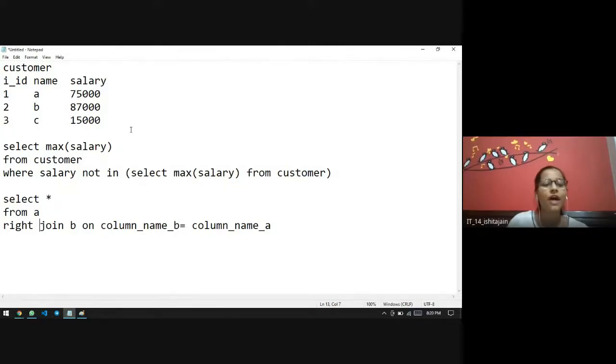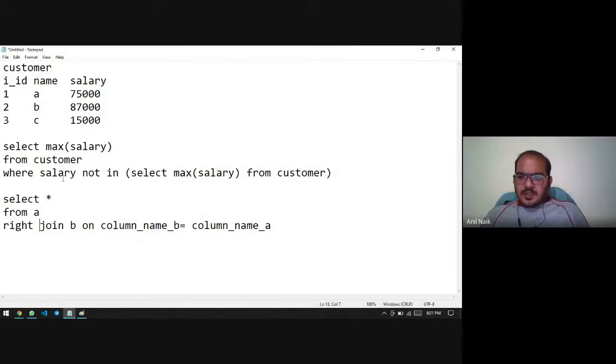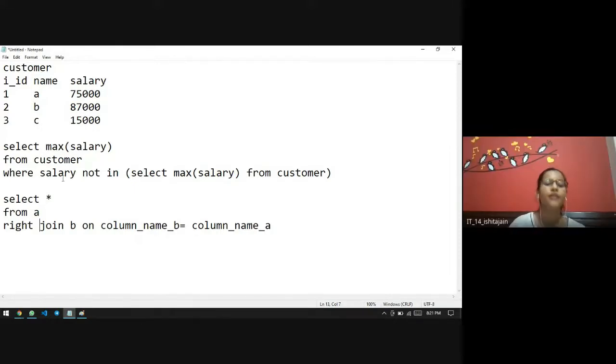Where clause will allow us to give a condition to the select statement. Like here, if I didn't write this where condition, it will give us the maximum salary, but the demand was for the second maximum salary. The where clause helps us to give some conditions to the select statement. Means it filters the records. Yes, sir, it filters the records.